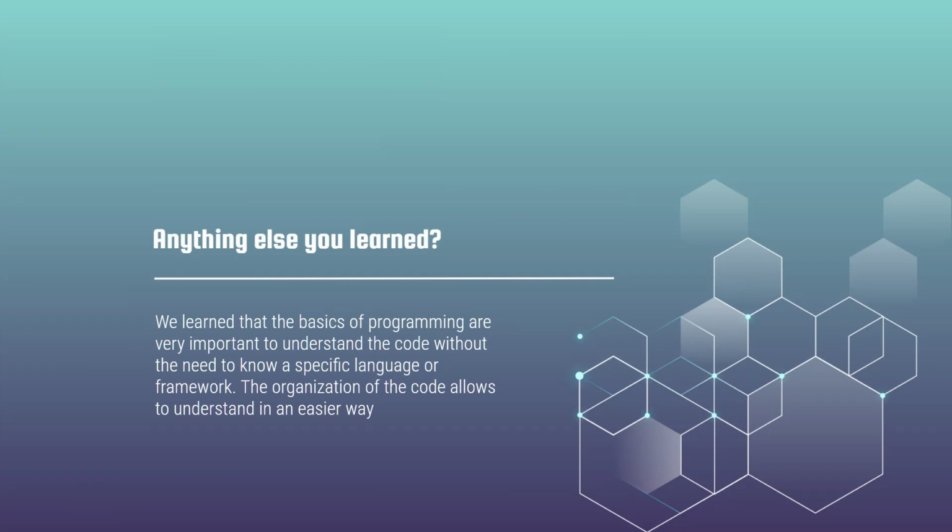Anything else we learned? Yes, of course, we learned a lot of things. First, communicating with another group, interchanging our code bases, and seeing what was right and what was wrong in each code base, what we have to improve, and where we have to learn something to understand the code base.